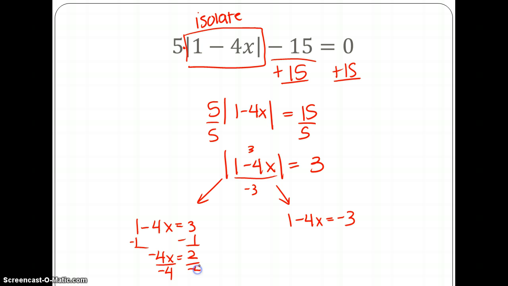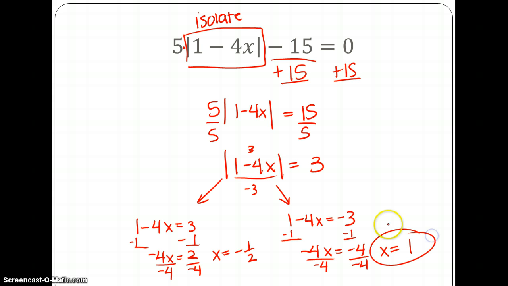So minus 1, divide by negative 4, x is negative 1/2. Then minus 1, divide by negative 4, and x is 1. So x is 1, x is negative 1/2. Notice, we're just using linear equation steps, opposite operations. Simple steps.